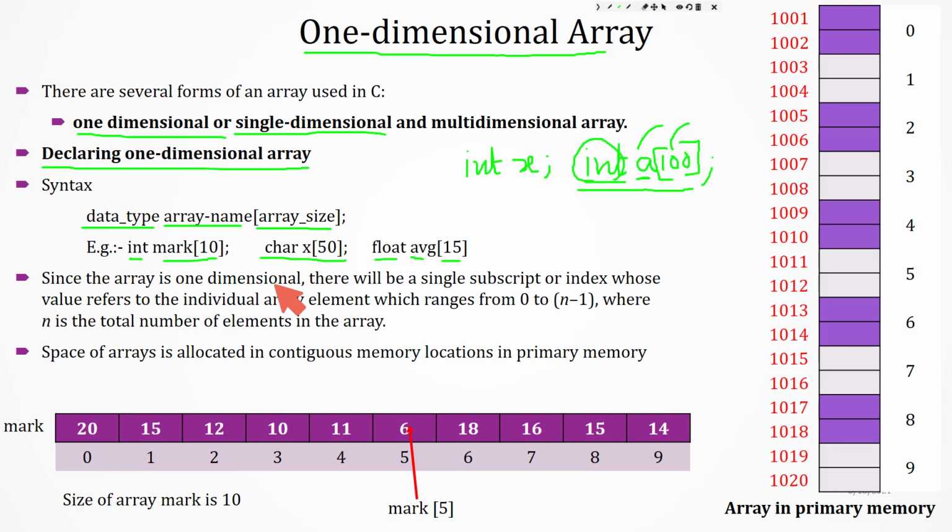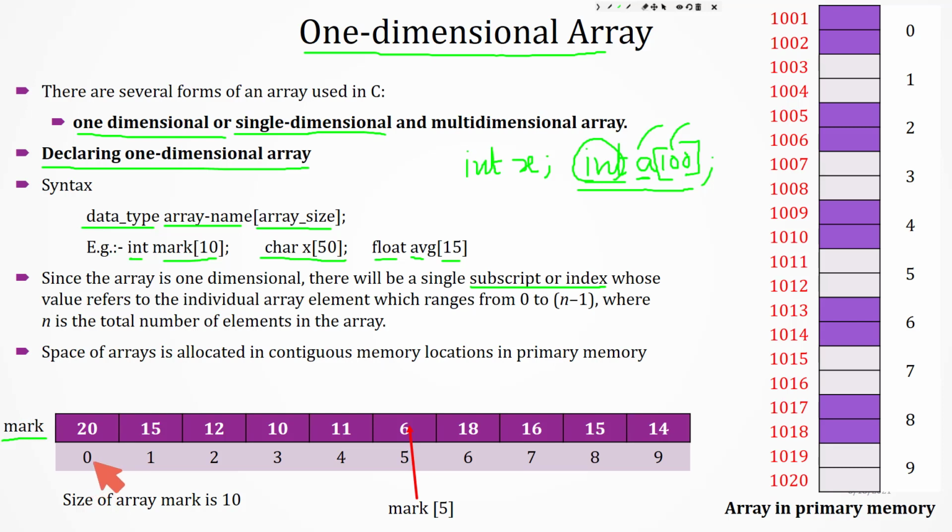Since the array is one-dimensional, there will be a single subscript or index. We already discussed subscript or index, whose value refers to the individual array element, which ranges from 0 to n minus 1. So the same example we explained earlier: here I have an array called mark which can hold marks for 10 students.